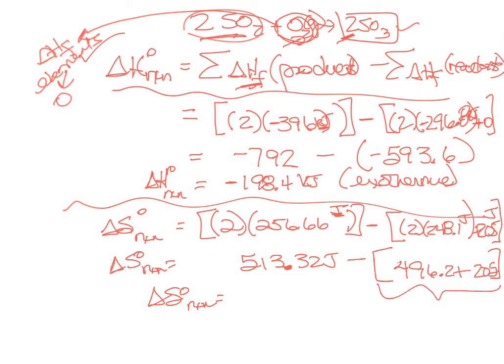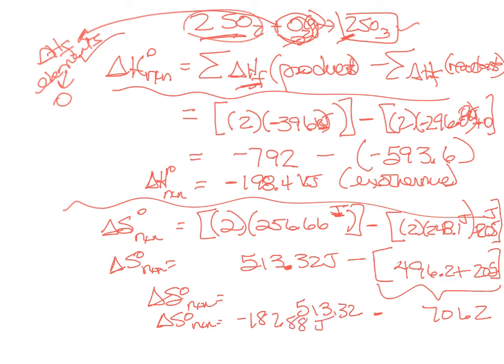That is 701.2. So it's going to be negative, that's unfavorable. Plus 513.32. So delta S for this reaction is minus 187.88 joules.